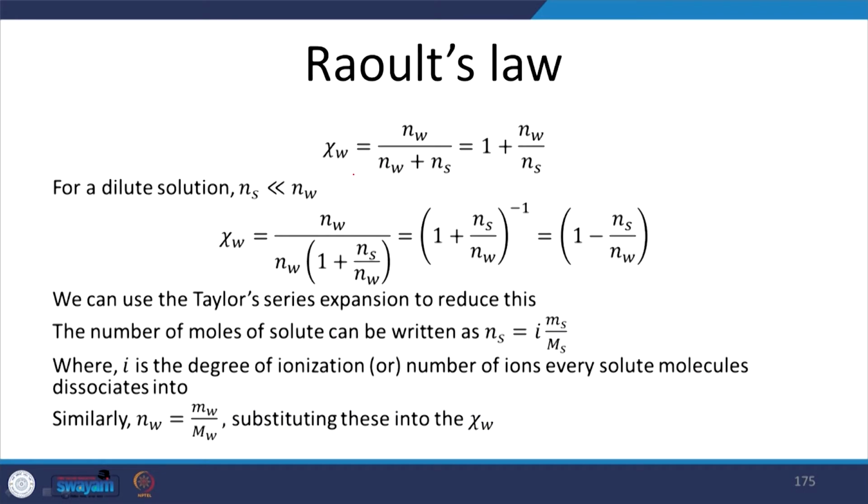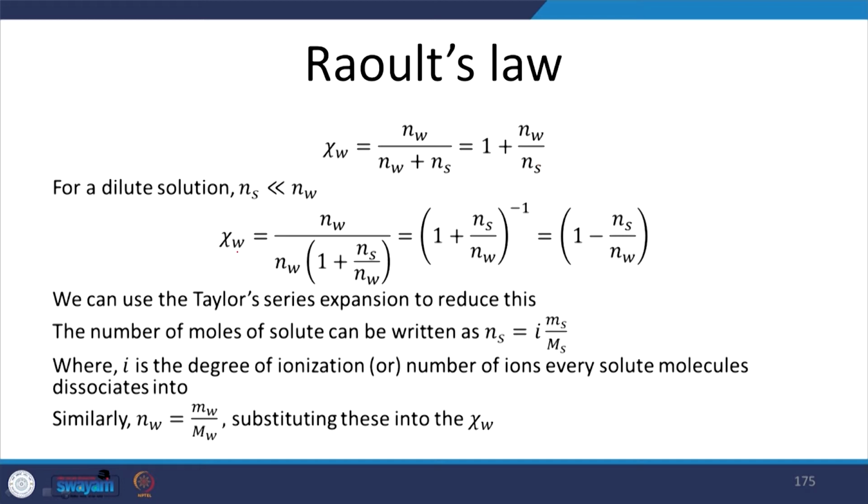Where we have approximated this molar fraction NW by NW plus NS as 1 plus NS by NW. Now, let us say we take a very dilute solution, where the number of moles of solute is very, very small in comparison to the number of moles of water. So, you have added a little impurity into the solution, right.